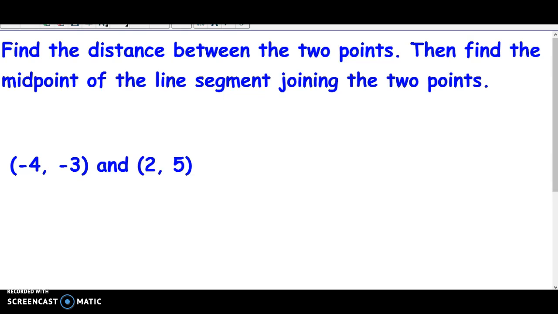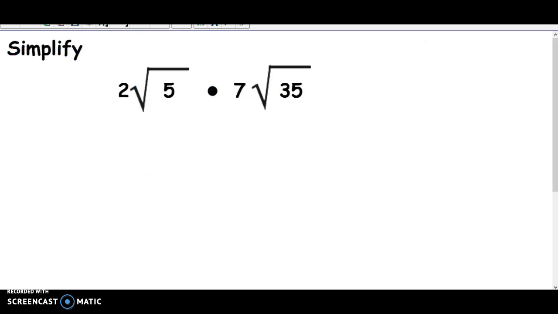You're going to do the same type of problem using these 2 different points here, -4, 3, and 2, 5. Make sure you simplify. When you're simplifying, make sure that inside the radical you are simplifying the number under the radical if possible first.